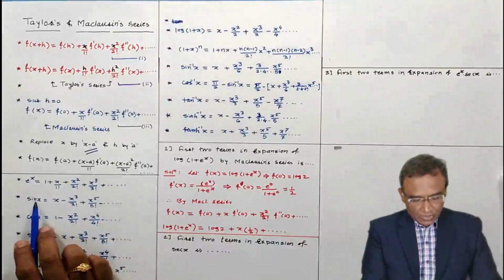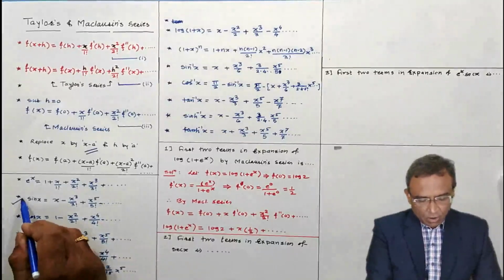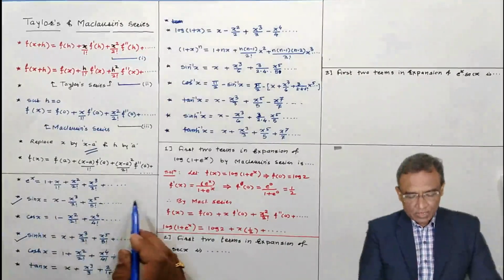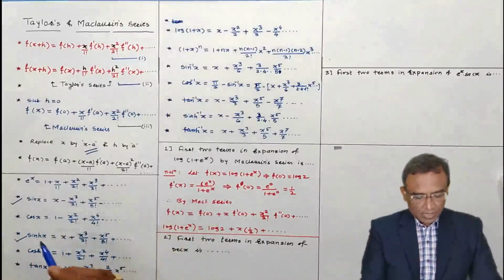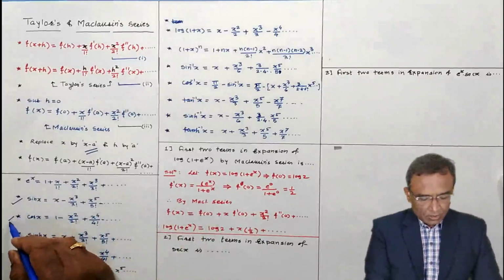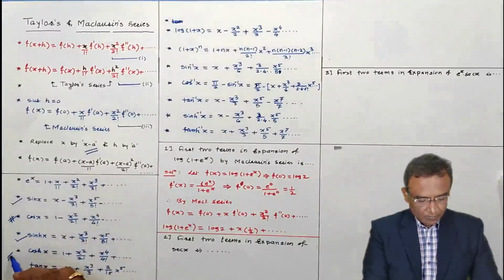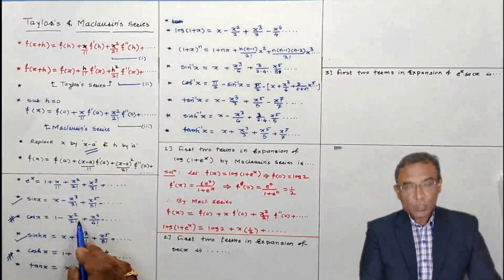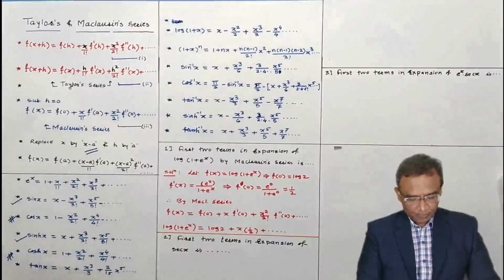And in sin hx expansion, the terms are the same, but all the terms are positive here. The same thing happens in cos also, cos x and cos hx. Here, plus minus alternately occurs, and here all terms are positive.